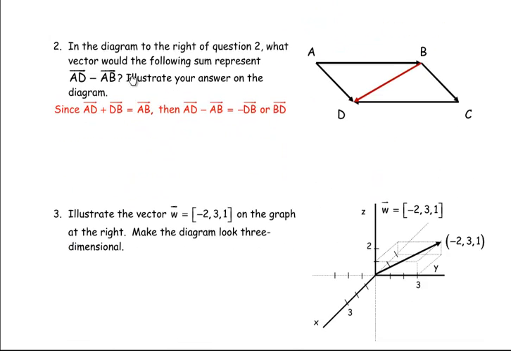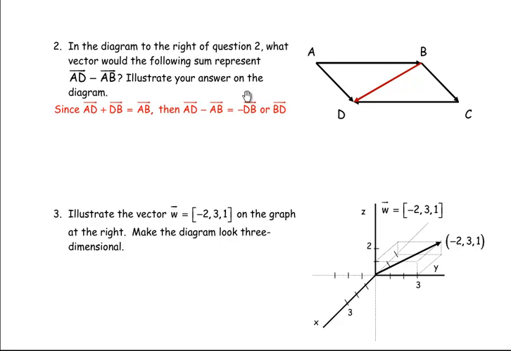For number 2 here, you're asked what would vector AD minus AB be, and then illustrate it on the diagram. So what I would do is create a vector equation, using the triangle law here involving vectors AD and AB.